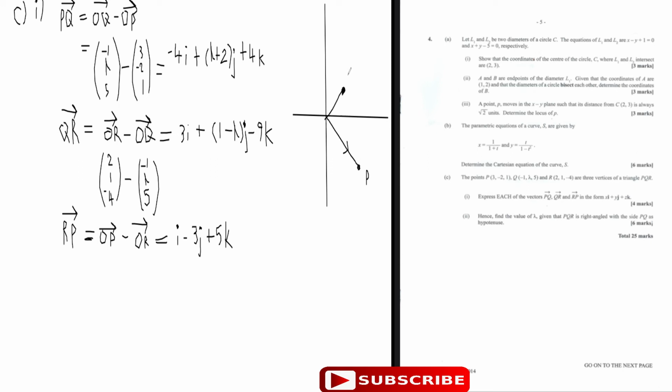This is R. Remember, we're only looking at the X and Y coordinates. So P is 3 minus 2. R is the point 2, 1.